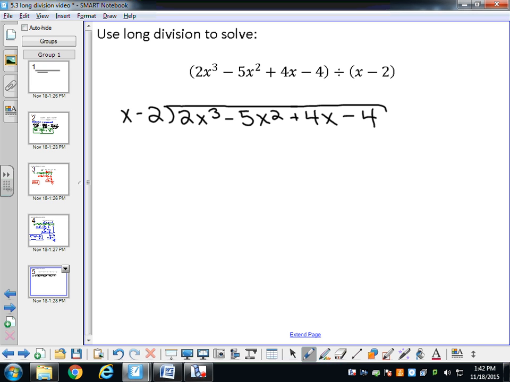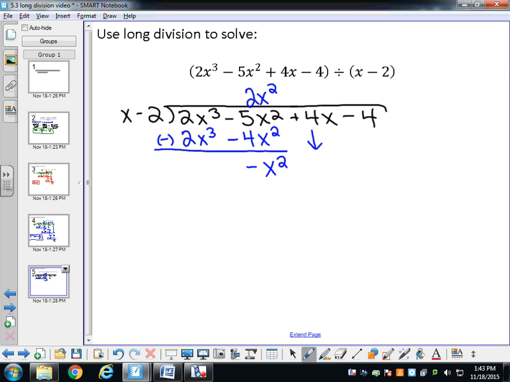Every term is accounted for, so I don't need any placeholders. So x has to get multiplied by what to get rid of 2x cubed? Well, I would need a 2x squared. Multiply that throughout. So I get 2x cubed minus 4x squared. When I do the subtraction, I end up with negative x squared.